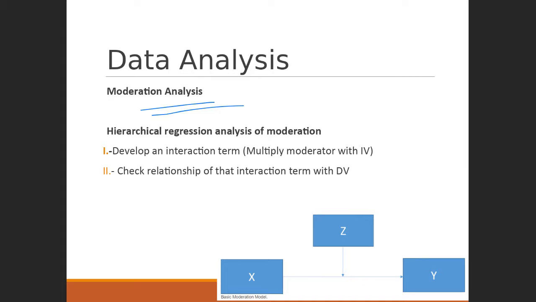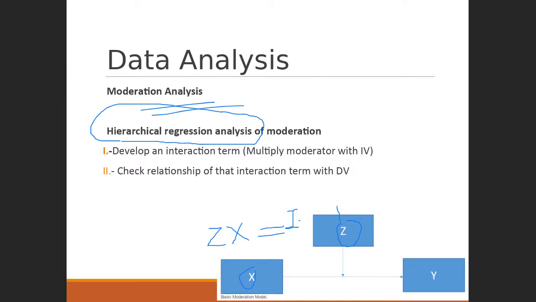So basically, there are two steps to go for moderation. We use hierarchical regression analysis in order to do moderation analysis. There are two steps in it. First of all, we multiply our moderating variable, which is indicated by Z here, with our IV. So our moderating variable is multiplied by our independent variable, and the result is an interaction term.